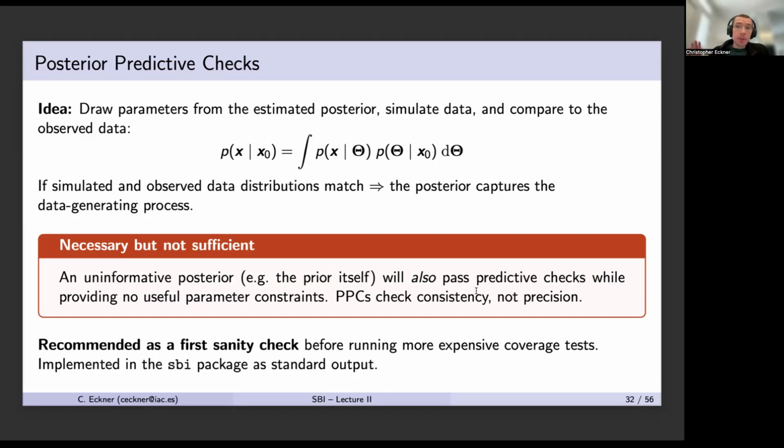However, as a first sanity check, what you should always do is to use the posterior you get after you inferred something for a target observation, draw observations from exactly this posterior, and look at whether the simulated data sets are anything like the actual target observation you have used. If that's the case, at least you're in a good space and you can go on with the next sanity checks.